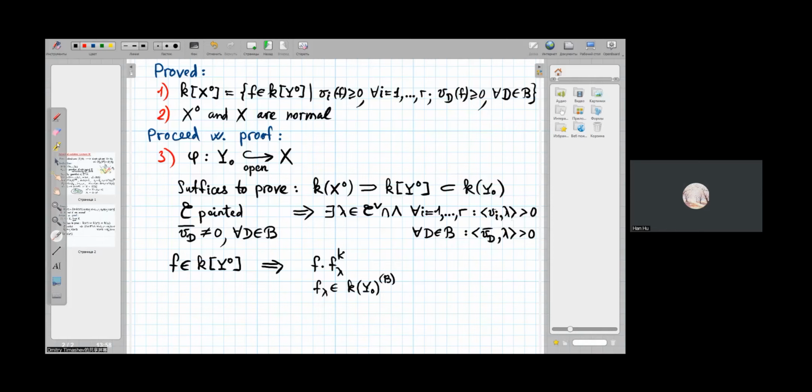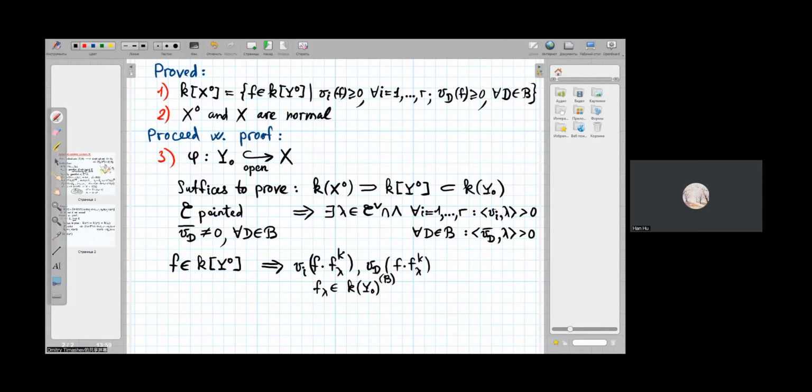And this implies that if you multiply an arbitrary function f by f lambda to a sufficiently big power, then you take this power big enough so that the value of vi on this product will be non-negative, and also the value of the valuation corresponding to any divisor D from B will be non-negative on this power.